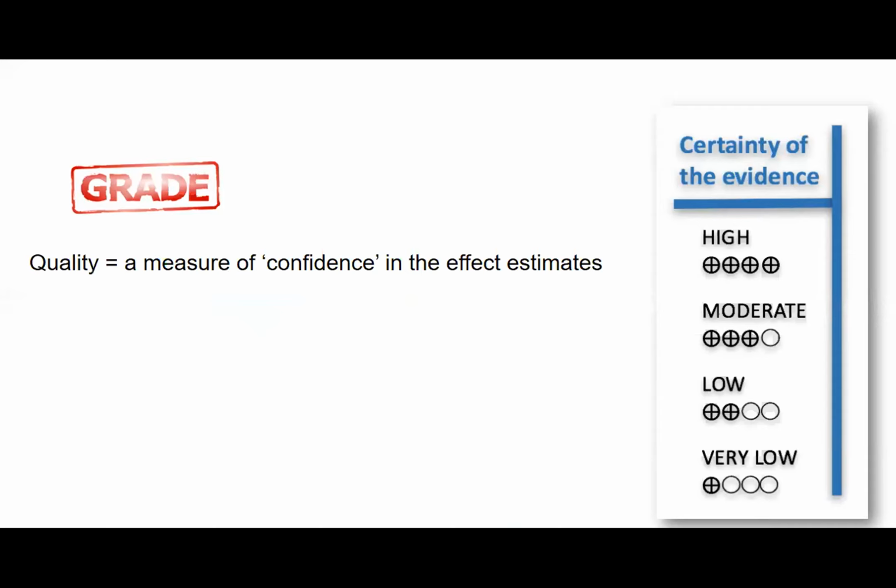On the right-hand side, you can see it can range from very low to high in terms of the certainty. And if you want to consider the aspects that one takes into account for the certainty, there's basically 5 factors that get considered. One is the risk of bias, which you are now very well aware of.